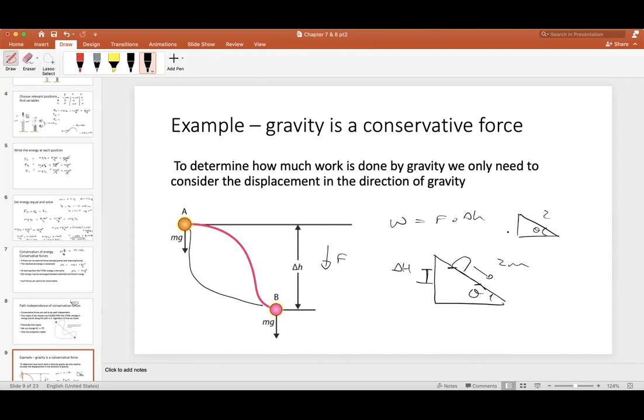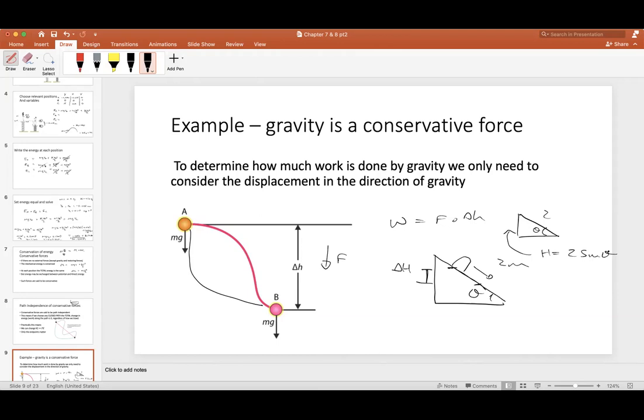And so you know that this H is the hypotenuse, 2, times sine of the angle. So that is your delta H in regards to the potential energy change of gravity. If you're on an incline, you need to figure out what H is, not the distance down.